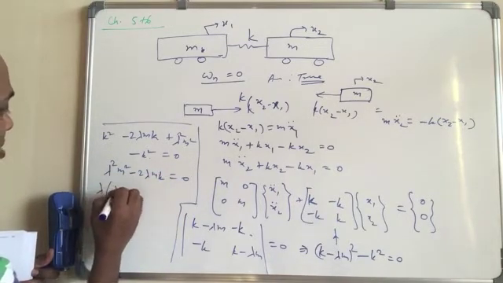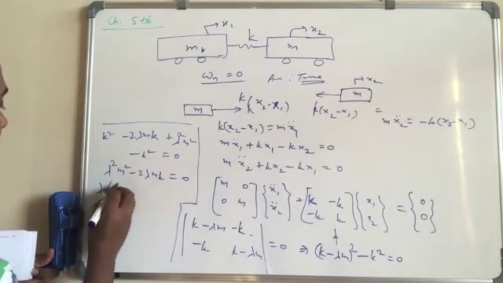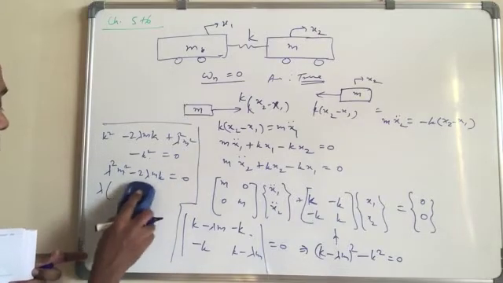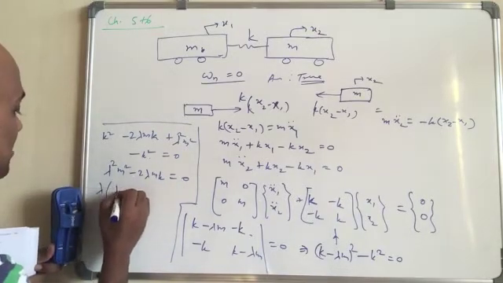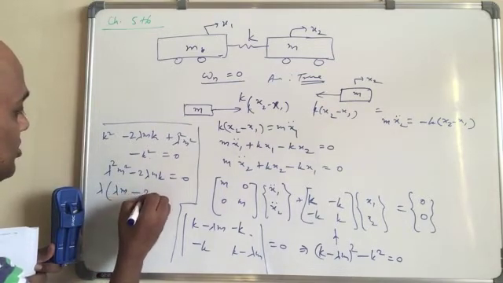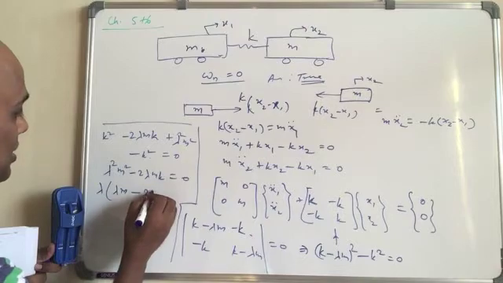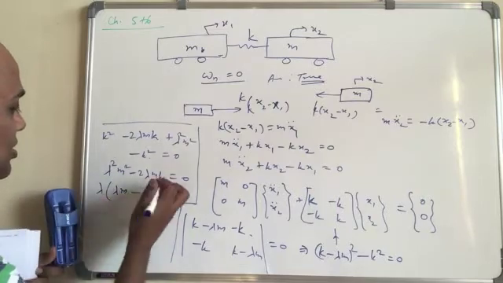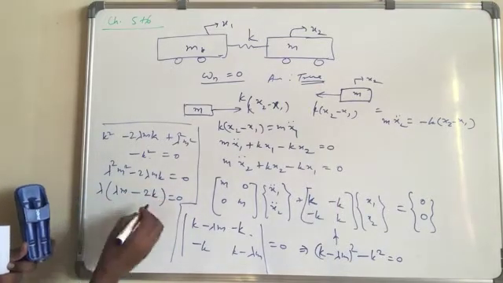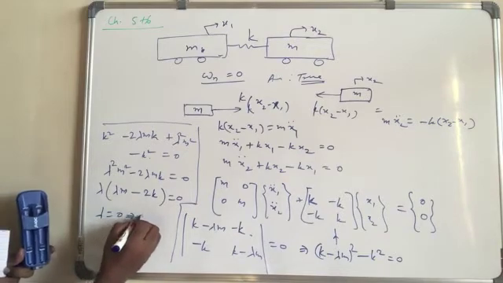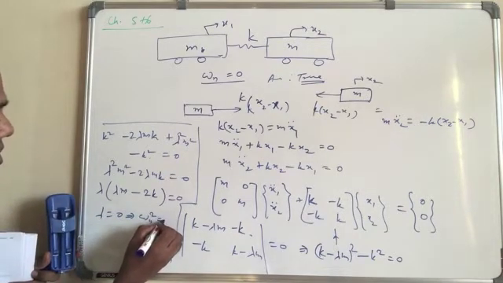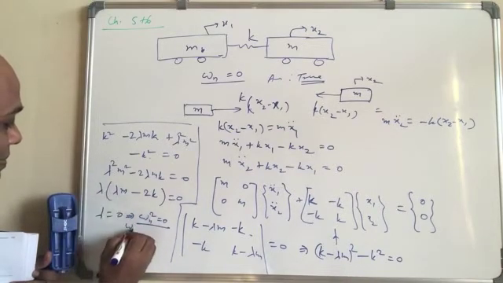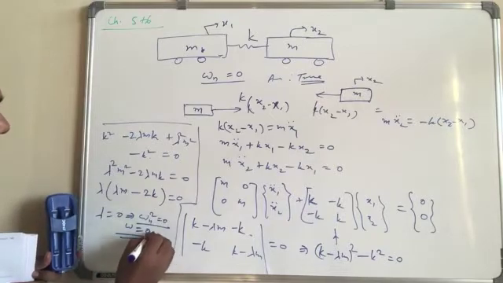Lambda becomes common, and m is common, so it can go away. So lambda times (m lambda minus 2k) equal to 0. What you get? Lambda equal to 0. That really means omega n square equal to 0, or omega 1 equal to 0, right? That means one of the omegas will be 0, so it tells you automatically.